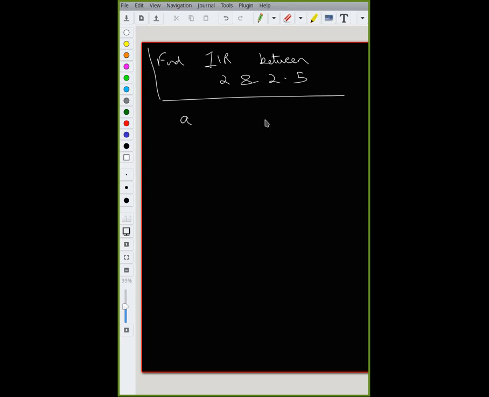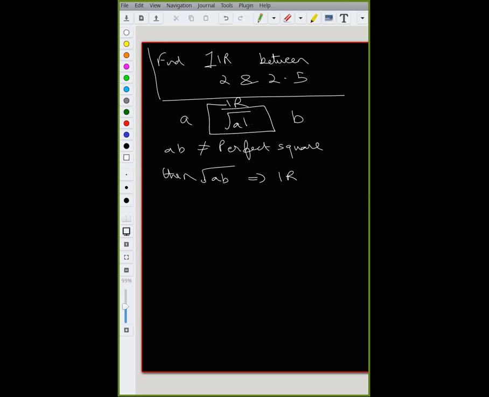If you remember, if there are 2 positive rational numbers A and B, such that AB is not a perfect square, right? Yatharth, that's correct. Should not be a perfect square, right? Then root of AB will be an irrational number between the 2 numbers. So if we want an irrational number between these 2, we will do root of AB, where AB is not a perfect square.